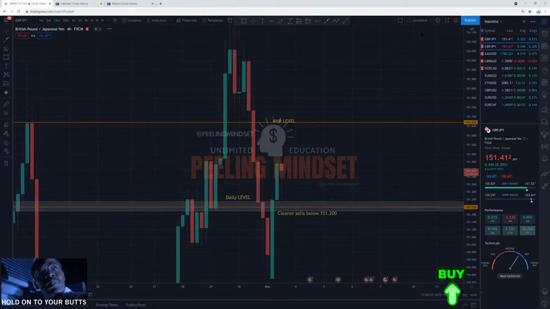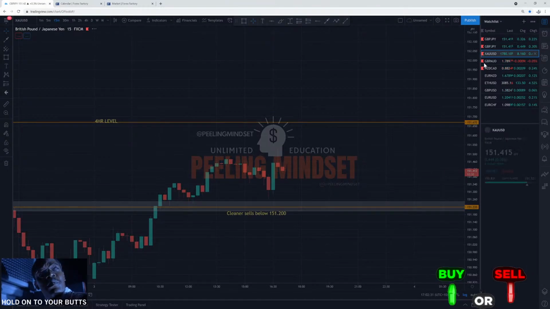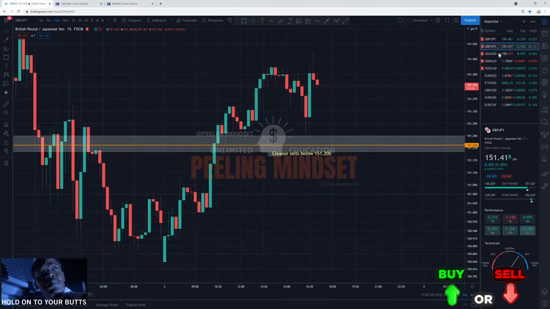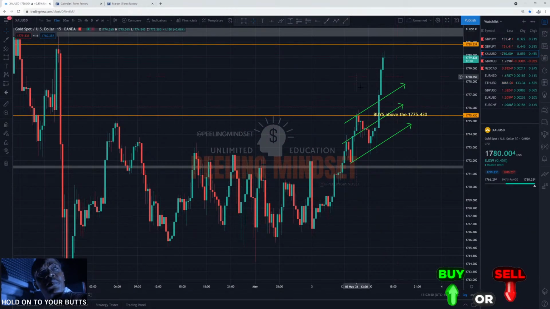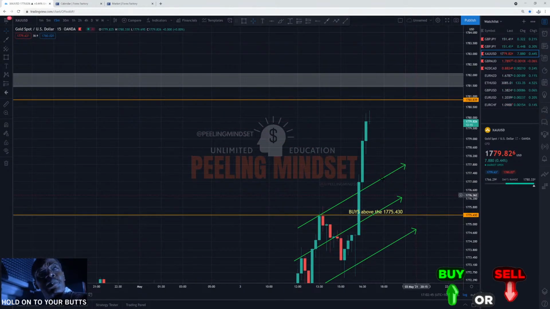So all of the volume from pound yen possibly was induced into gold USD today. All of the volume. Man, May started with such a blast. Look at the volume.